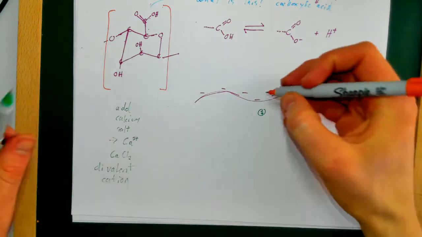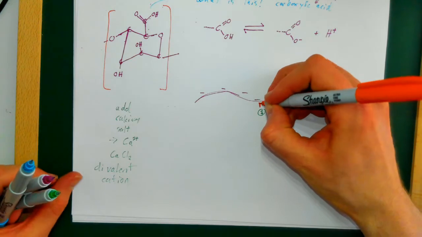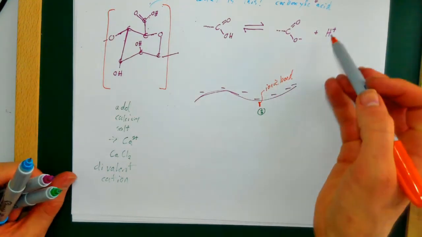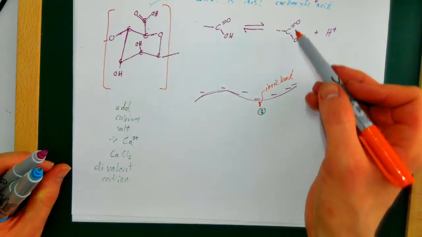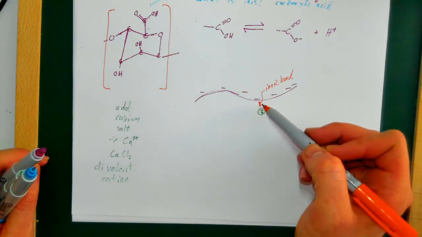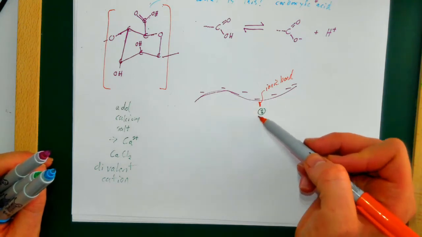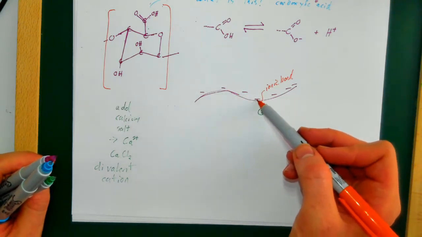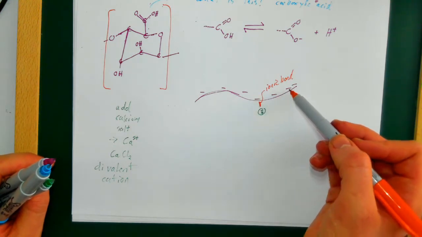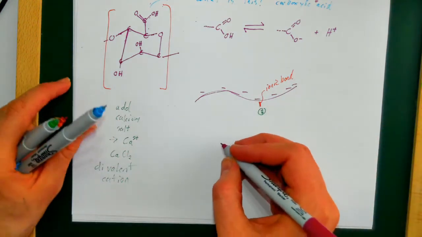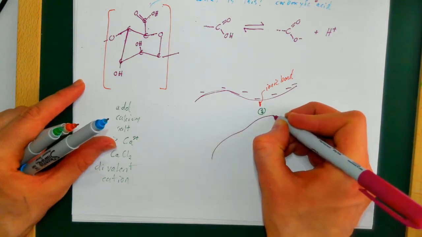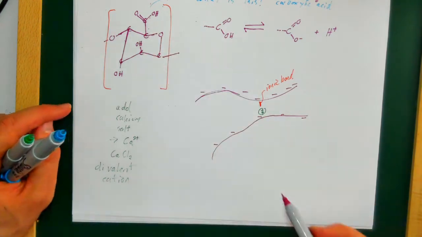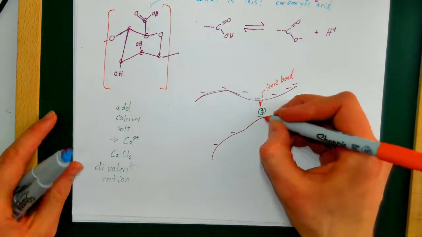Well, basically what happens is you form an ionic bond, because periodically along this chain, we end up with negative charge. The positive calcium is attracted to that. But now locally, we end up with negative, negative, negative, negative, and then a plus somewhere along this chain, and then negative, negative, negative, negative. So another alginate chain has negative charges periodically bound to it from these carboxylic acid groups.